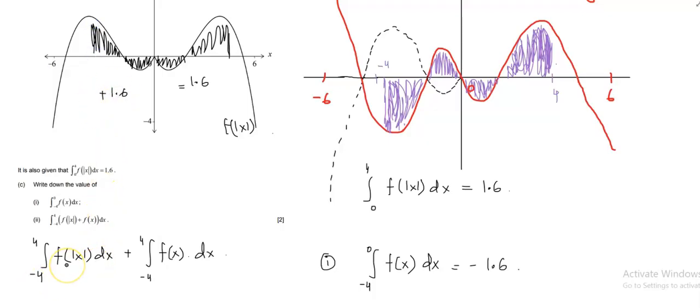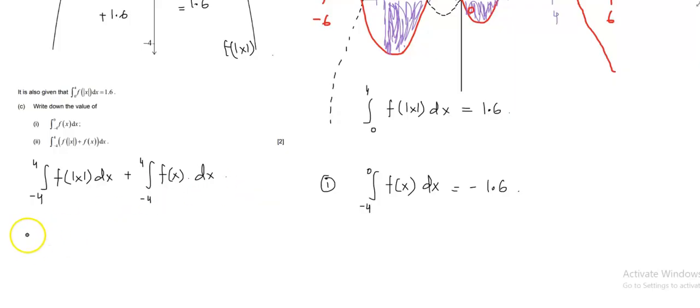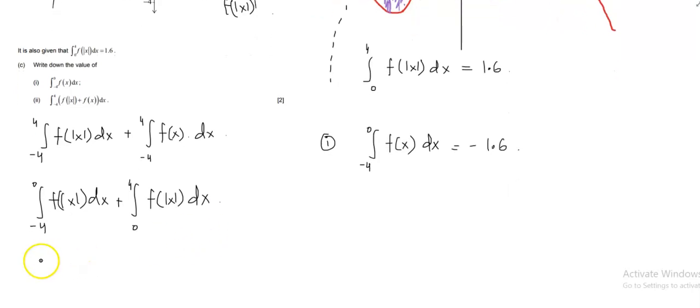So this means that if I further break it down, it is the integral from minus 4 to 0 of f modulus of x dx, plus the integral from 0 to 4 of f of modulus of x dx. So this is given as 1.6 plus 1.6, right?